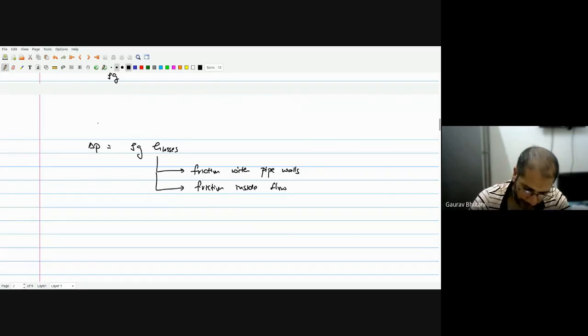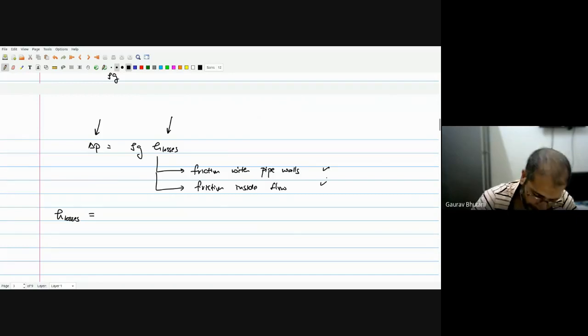Right. So we have been able to relate our delta P with H losses. So ultimately, what we will need from this discussion is a relation for the losses, the two kinds of losses we talked about.